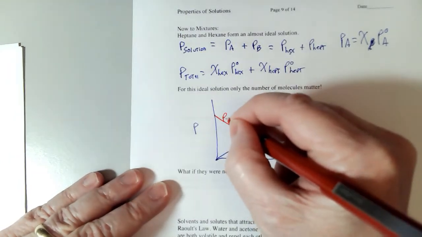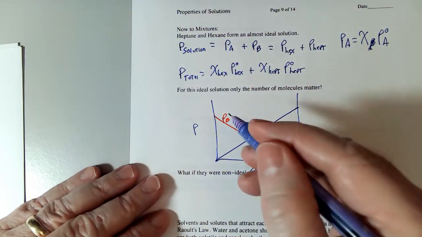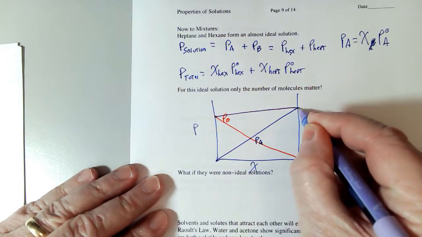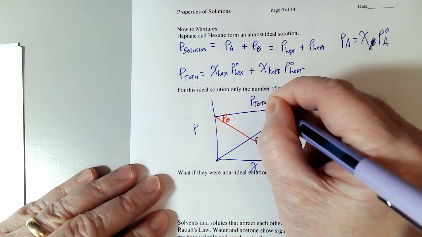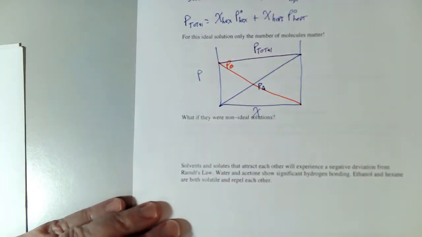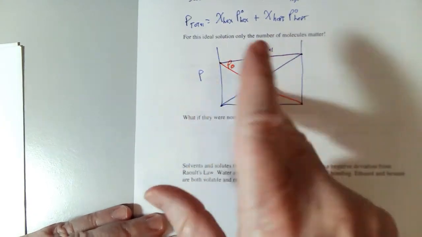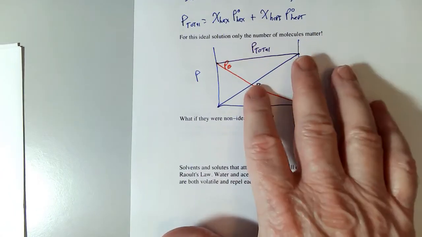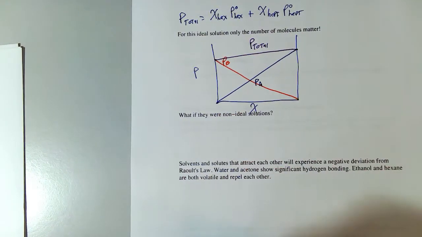We'll call that the vapor pressure of B. Now, the total pressure is the sum of those two. All right. Now, I just happened to make this one lower and that one higher. It could be the other way. All right. This is if we have an ideal solution.